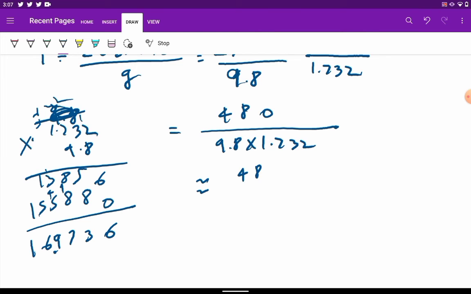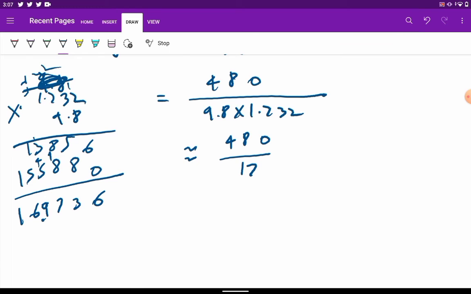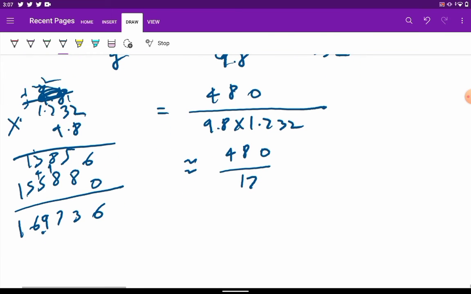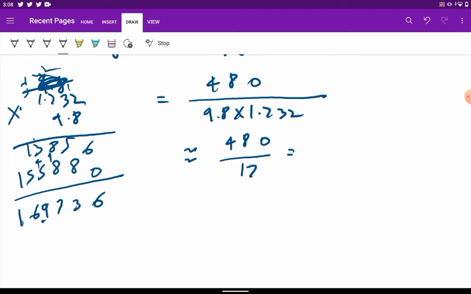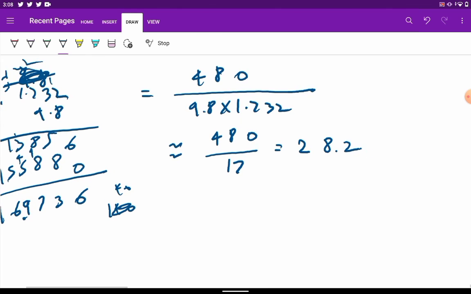This becomes 480 divided by 17, okay, so this answer is of course in seconds. 17 2s are 34, 40, 17 8s are 136, and so on. So yeah, it's 28.23 seconds.